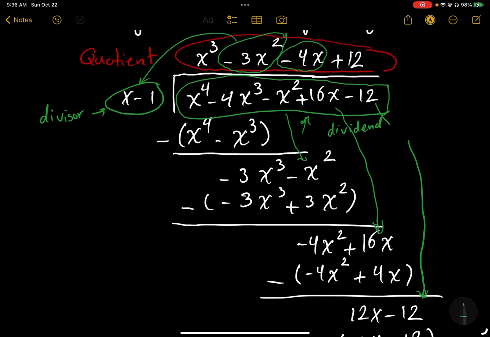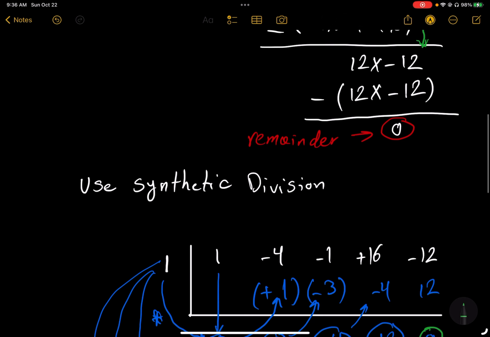So synthetic division can really be used only if dividing by x plus or minus a.